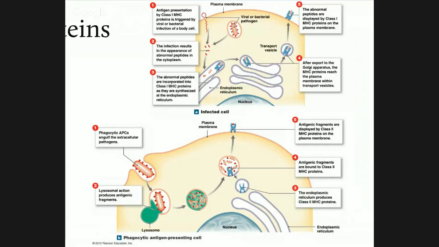And then those things that are being made by the cell will be presented on the surface, just like self-antigens, but these signs of infection are abnormal and your immune system should react to those.